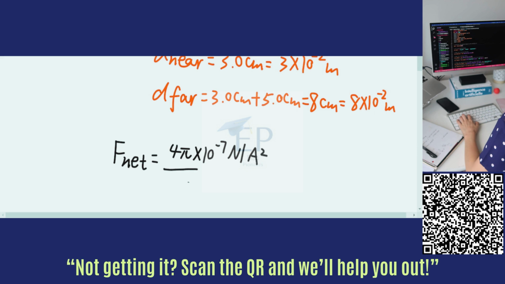Okay, over 2 pi times I1, which is the current in wire 1, which is given as 3.5 ampere, times 3.5 ampere, and I2 is 3.5 ampere as well.